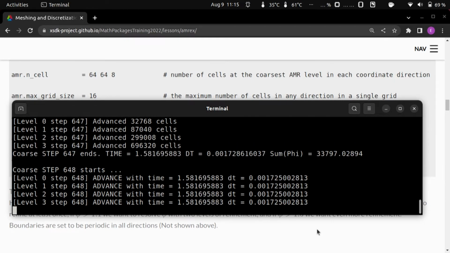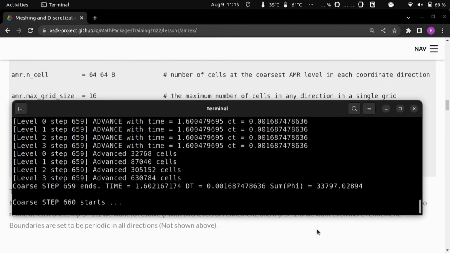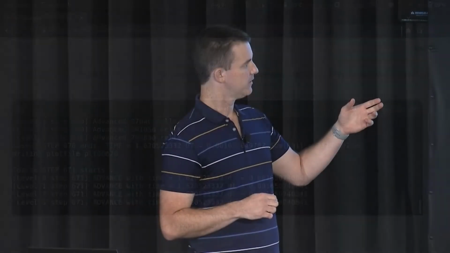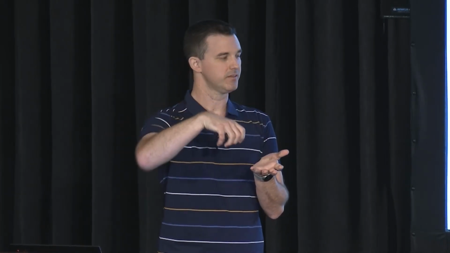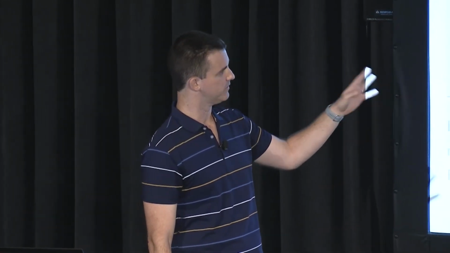Depending on your application, this may or may not be more important to you, but we are conserving the quantity phi. So phi is the value of dye in our water that we're simulating that flow in the water with. So this output is basically showing us that our algorithm is on track to keep that value conserved.